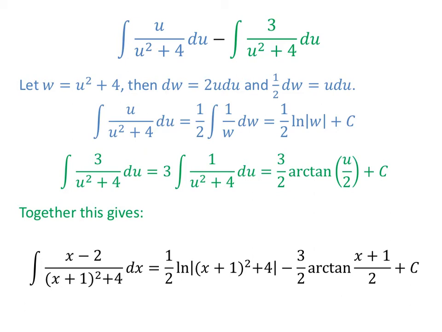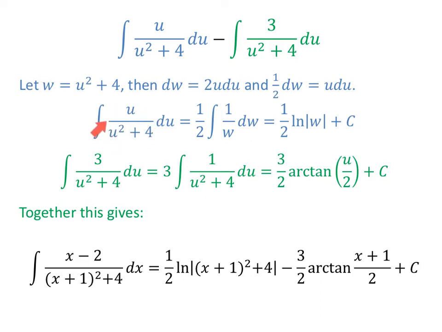So from the last page, if we take a look at this first integral of u over u squared plus 4 du, I'll let w be u squared plus 4. Then dw is 2u du, and 1/2 dw, right? I don't have an extra 2 hanging out here. 1/2 dw is u du. All right.